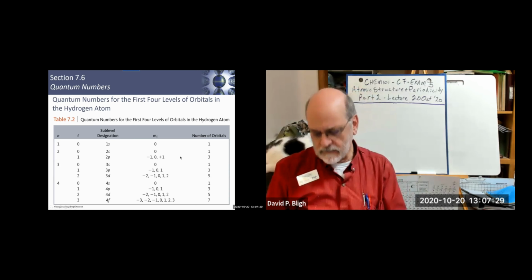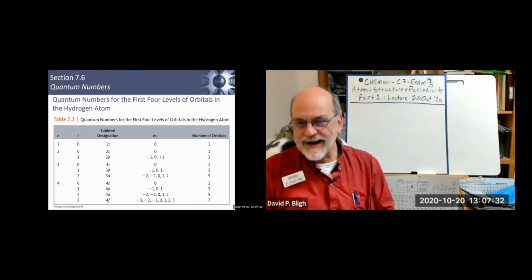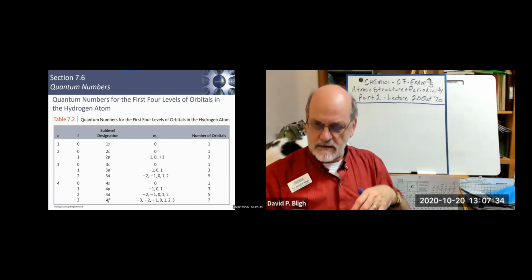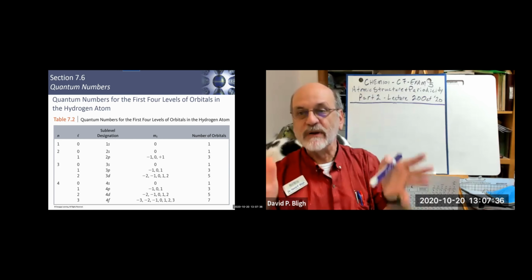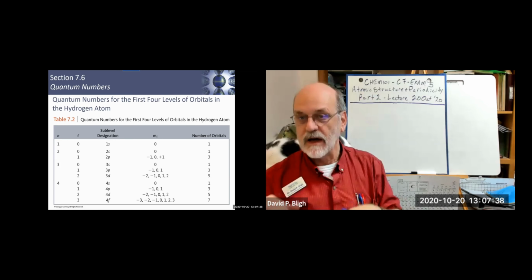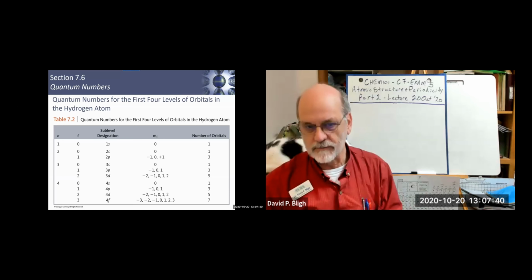Okay, I'm not going to hammer that nail too hard right now, because once we go through the process of building the electronic structure of an atom, I hope it'll become clearer.